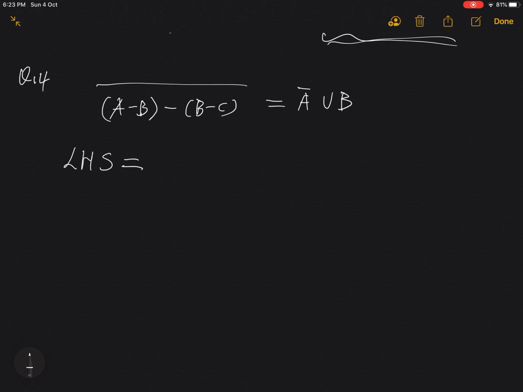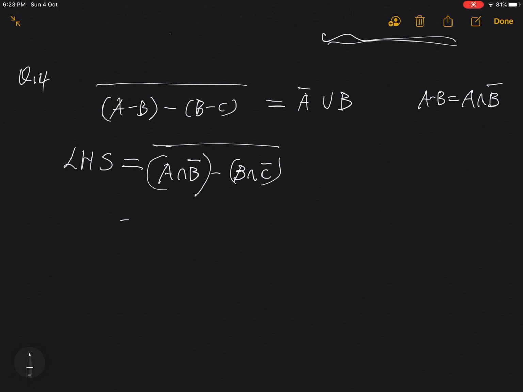We need to change the form of the set difference A minus B to the intersection of set A and the complement of B. It's the same thing as A minus B equals A and the complement of B. So firstly, we change the form: the intersection of set A and the complement of B, minus B and C complement.